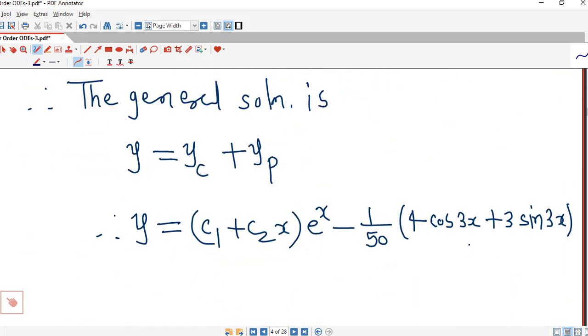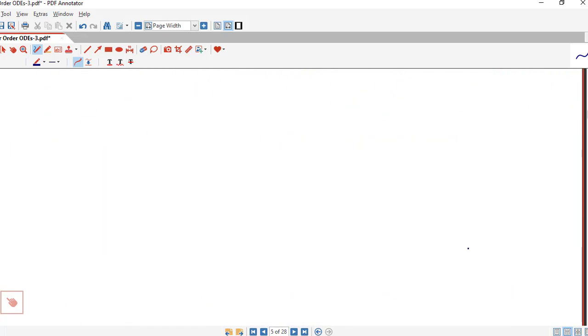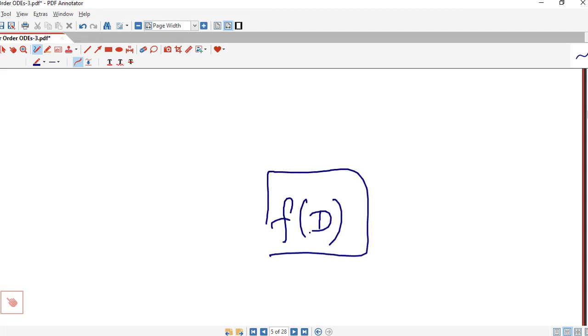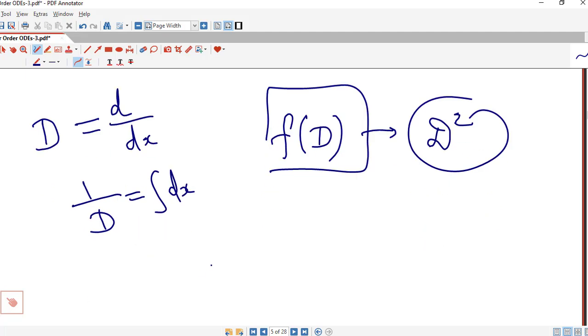So all we have to remember is we require a d square term in the function f of d. If there is no d square term in f of d, then we should arrange the terms so that we obtain d square in the denominator, and we are using the fact that d is d by dx and 1 over d is integral with respect to x.